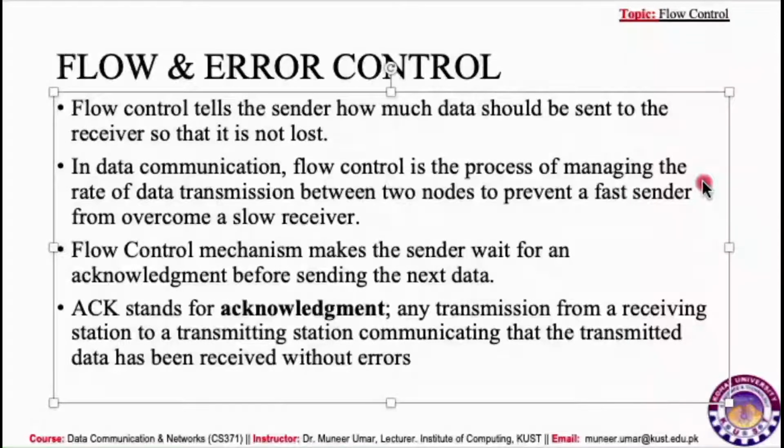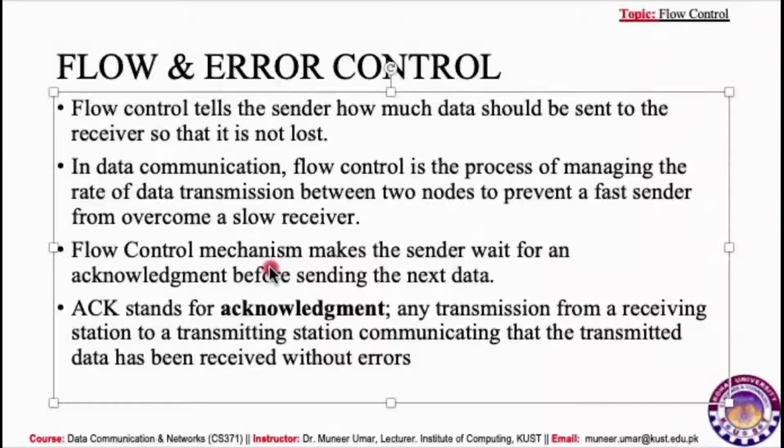In most cases, the speed of the receiver is slower than the sender, as one device may get data from multiple senders. In that case, the receiving node may get stuck and may not be able to receive all the data transmitted by the sender.